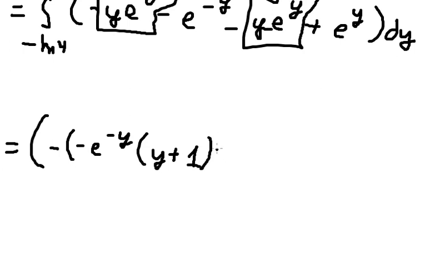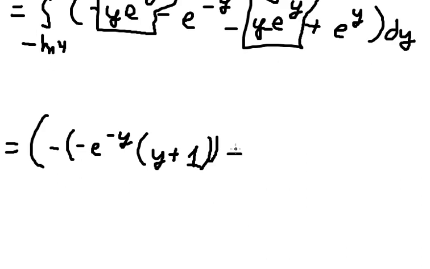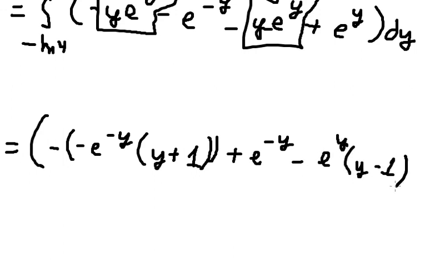So the next one, the integration of this one in here, we have negative e to the power of negative y. Negative with negative we have positive. This one we have e to the power of y and we have y minus 1. This one we have e to the power of y, and then we put the bounds in here.